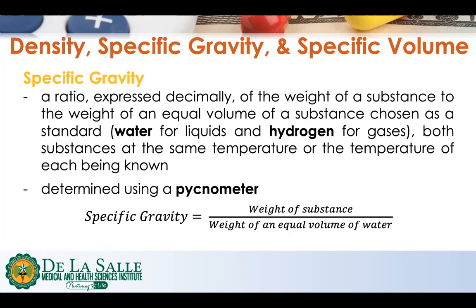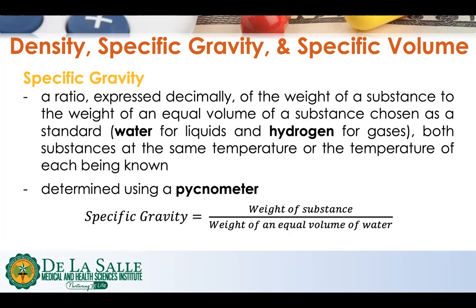Nevertheless, both specific gravity and density can be used to determine the identity of a substance or its purity. Both of these quantities are considered as physical constants.